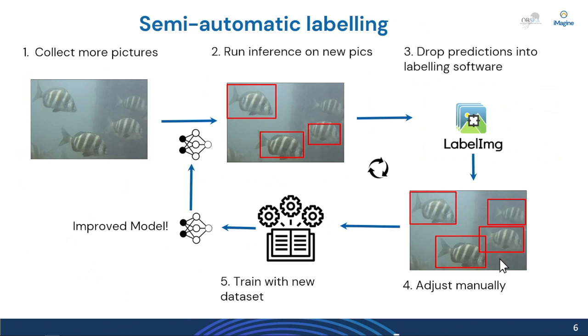So up to today we have semi-automatic labeling methods, because the first step is to collect these pictures, then we run the inference with the pre-trained model on these new images, and if the predictions are not exactly what we want, we load them in some software like LabelImg. In there, we can adjust manually if the detection is not really as we want, and then we can train with this new data set, and we can do this loop infinitely and improve the model.